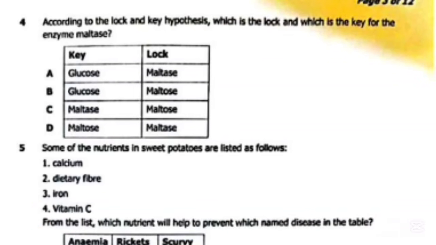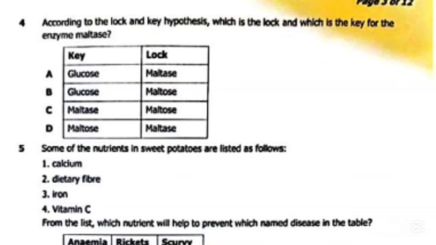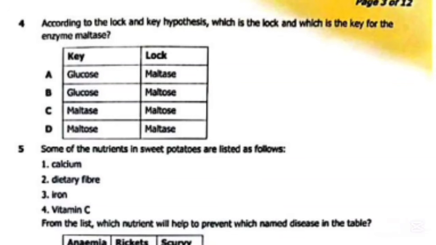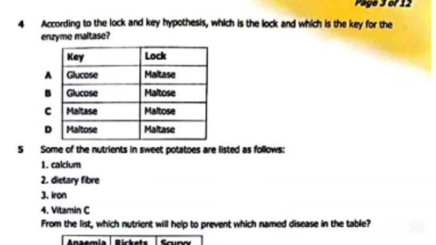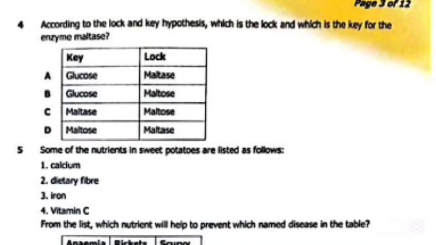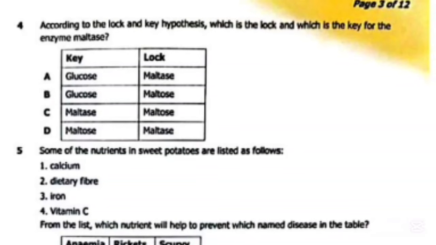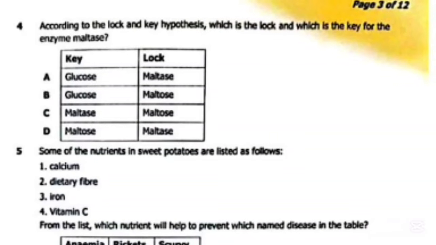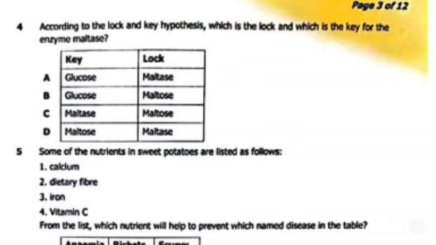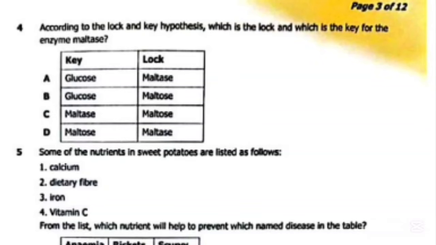So when you remember that enzymes are specific, it means the enzyme is the lock, whilst the substrate is the key. So now we have understood that the enzyme is the lock and the substrate is the key. So meaning our lock should be an enzyme.